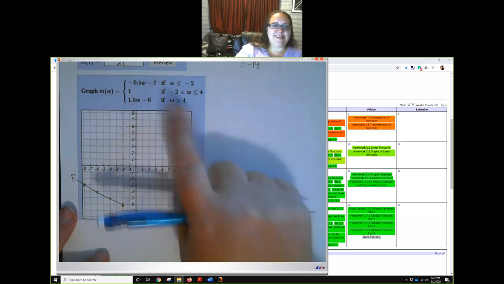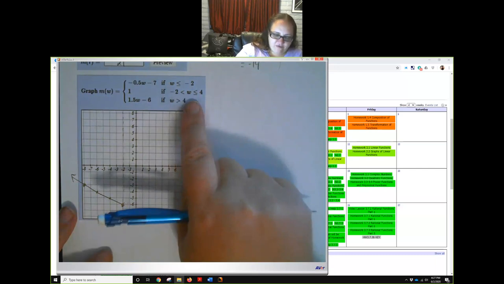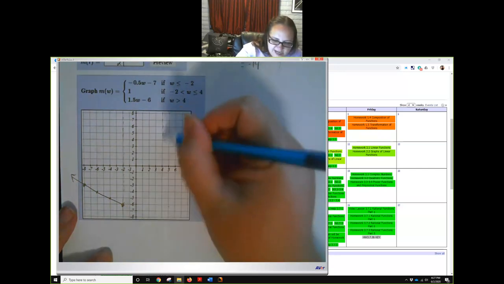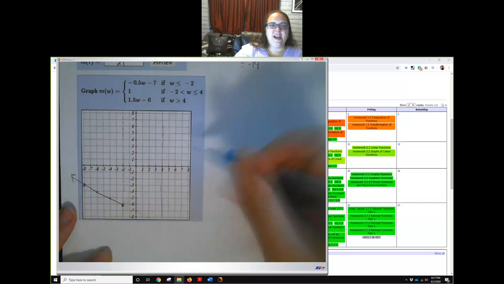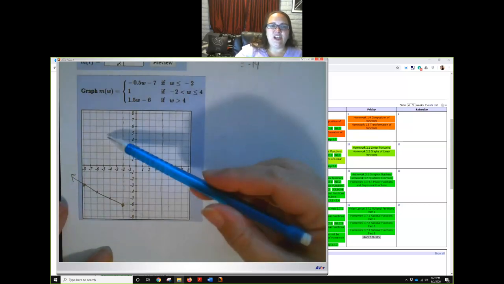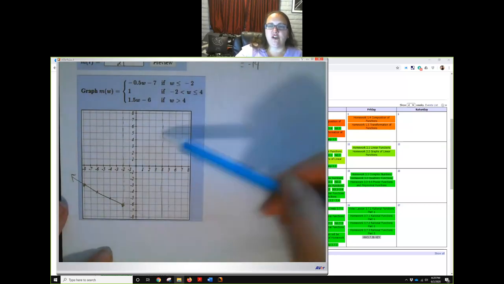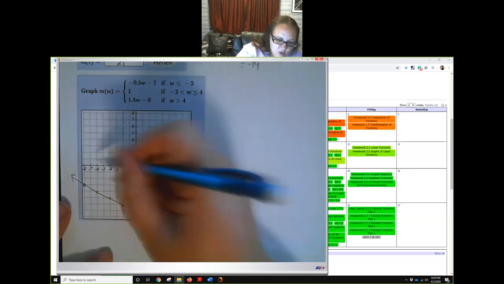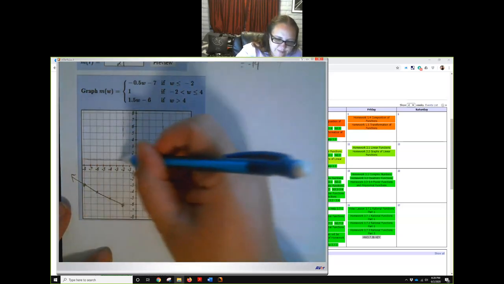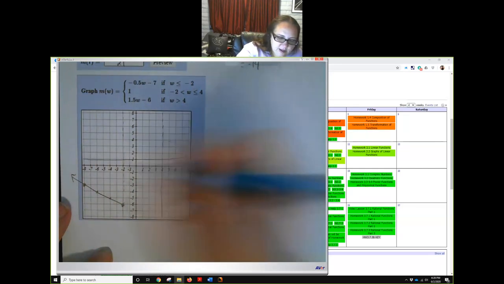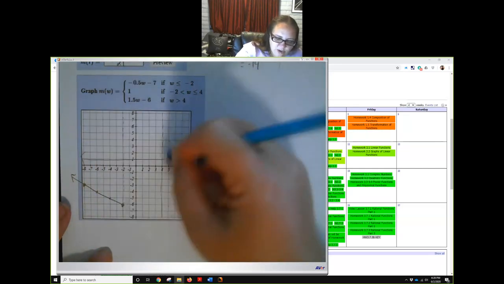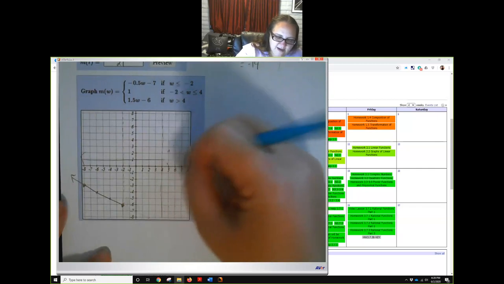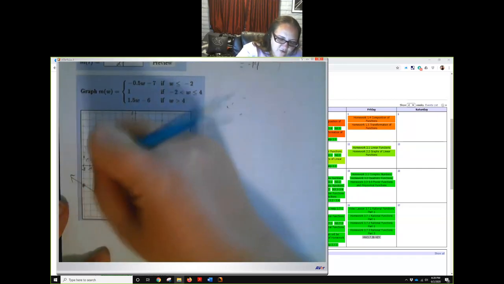Okay, so for the next set, I have -2 and 4. So I'm going to put another little vertical line at 4, just so that I know that my next line should be in between those two vertical lines, because it only exists in between -2 and 4. And the line y equals 1 is a horizontal line at 1. But I just said that I only want that line in between -2 and 4.